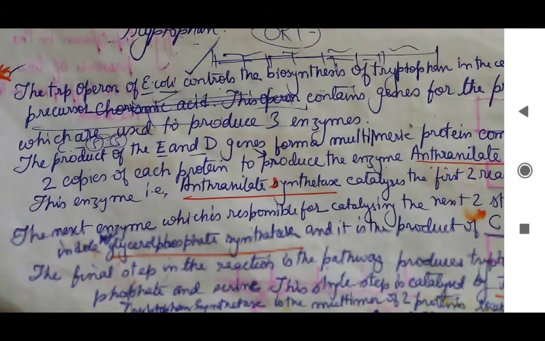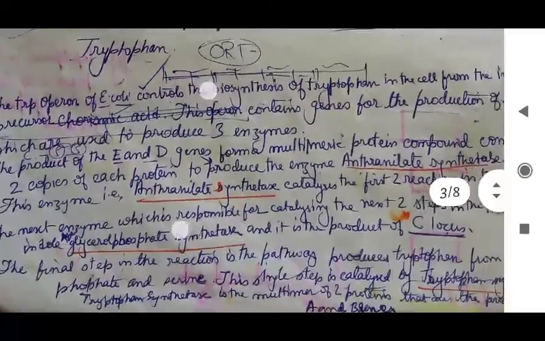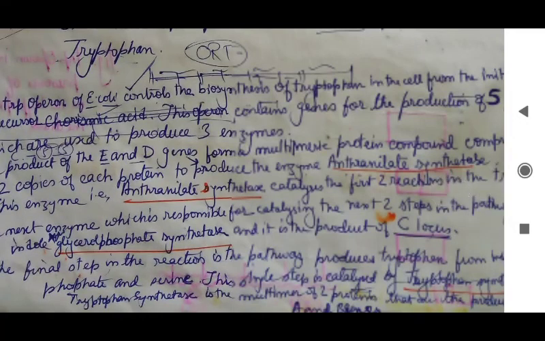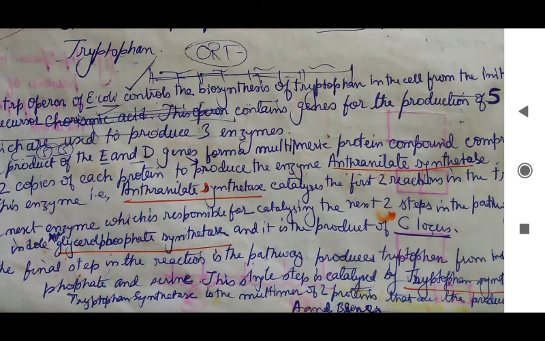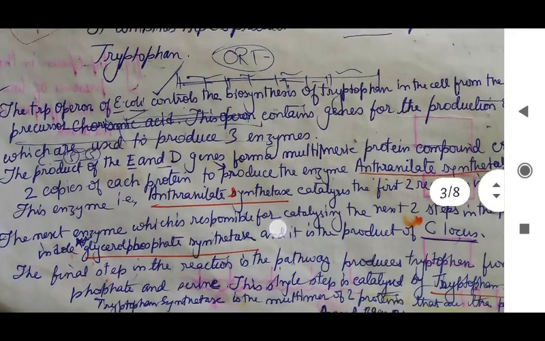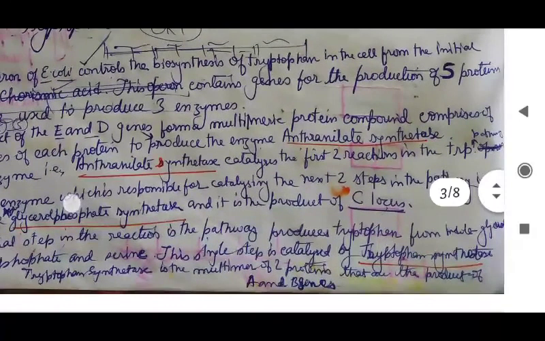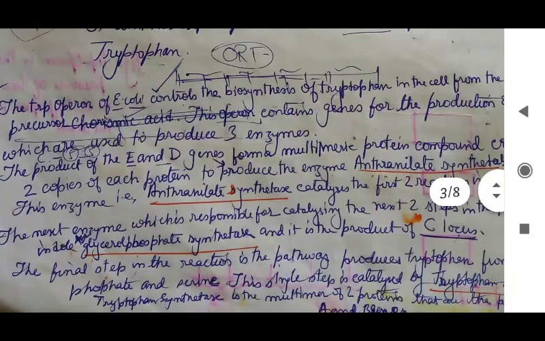Now the product of E and D produces the enzyme called anthranilate synthetase.